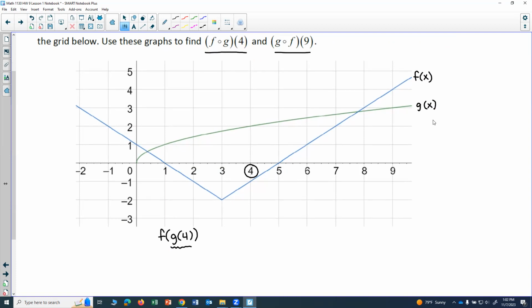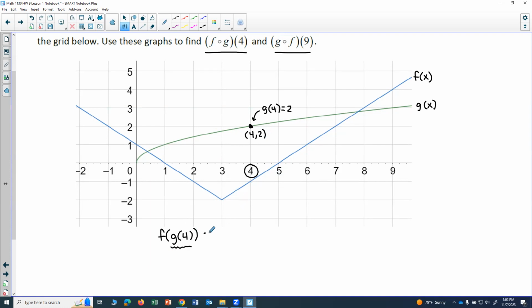Then g of 4 is going to be the point here at 4, 2. So this is telling me that g of 4 is equal to 2, because this is the ordered pair 4, 2.